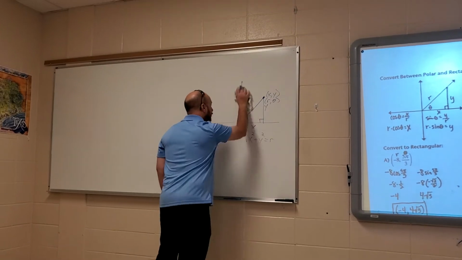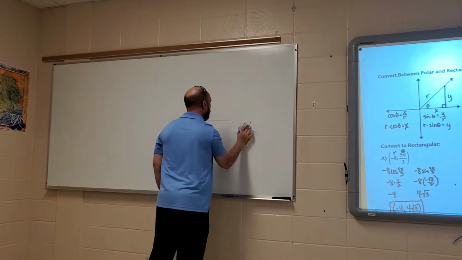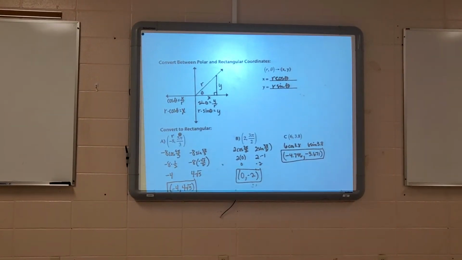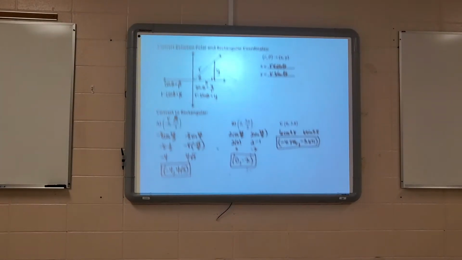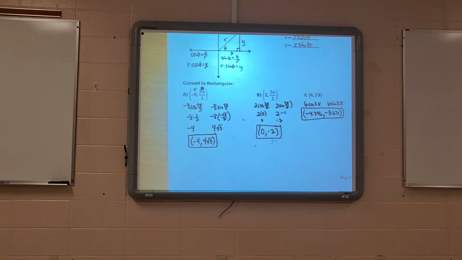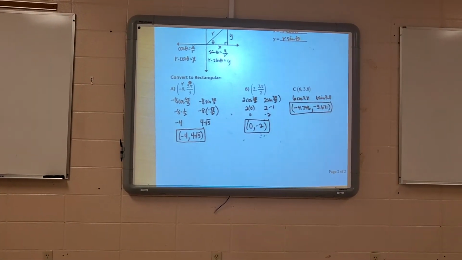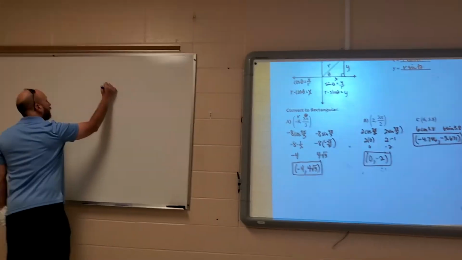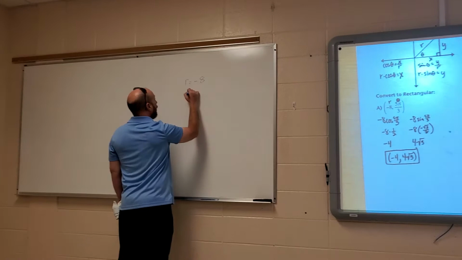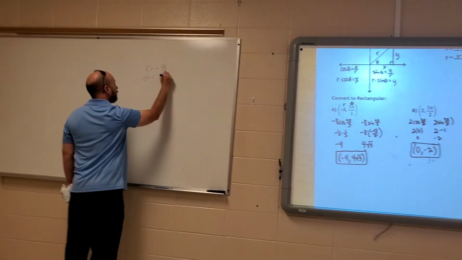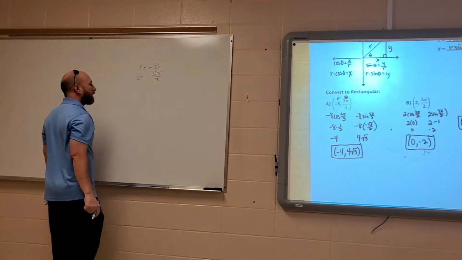So let's look at an example. Let me move this up. So we said convert to rectangular coordinates. So we have r is -8 and theta is 5 pi over 3. Okay?